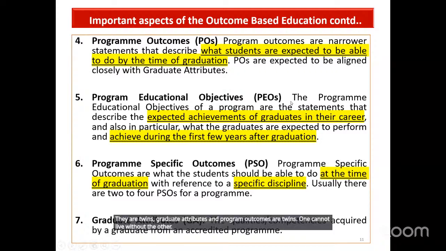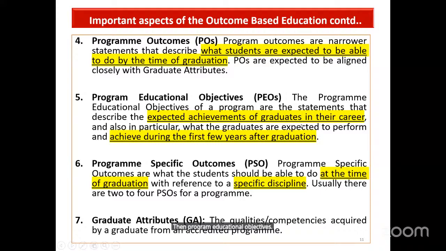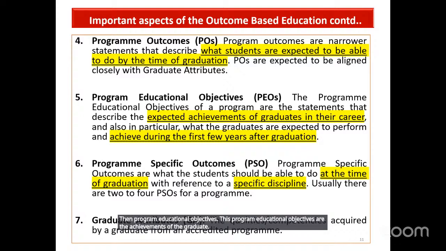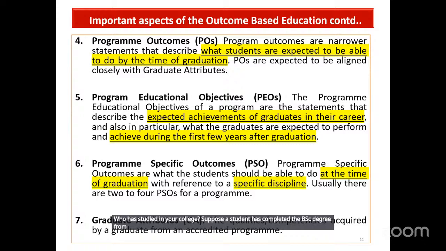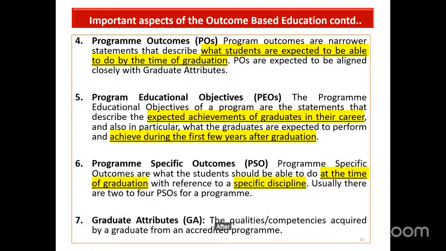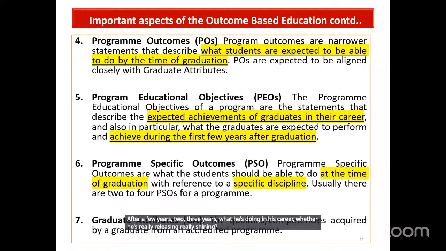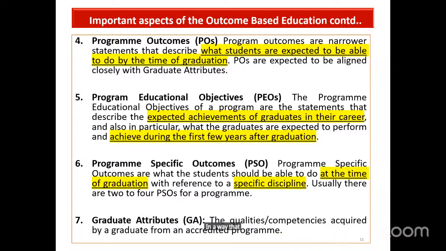Then program educational objectives. These program educational objectives are the achievements of the graduate who has studied in your college. Suppose a student has completed the BSc degree from your institution. After a few years, 2-3 years, what is he doing in his career, whether he is really relishing, really shining. How? In a way that you have prescribed in your curriculum.